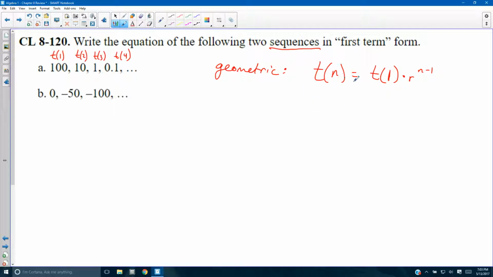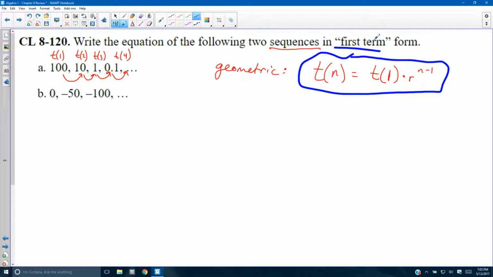For example, to find term number 5, I start with the first term and multiply by the common ratio once, twice, 3 times, 4 times. That gives me term number 5. I multiply 4 times, one time less than the term number. That's why this is here. This is called first term form.